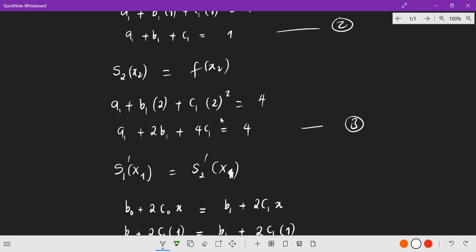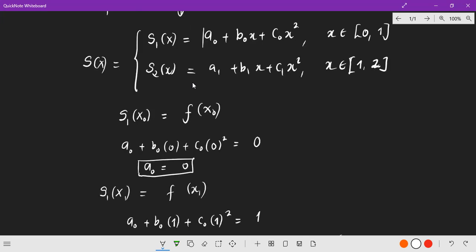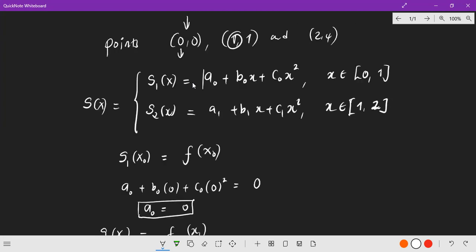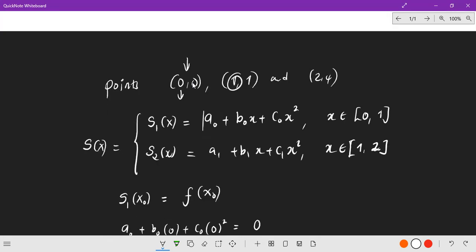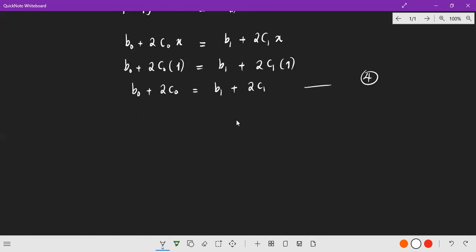Okay, now one more condition, and another condition you need to consider always when you're dealing with cubic splines. The last one is actually the second derivative of S1 evaluated at x0 must be equal to 0. So that's another, we call it a complementary equation, right?